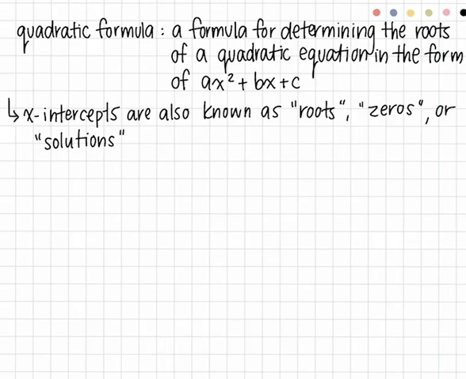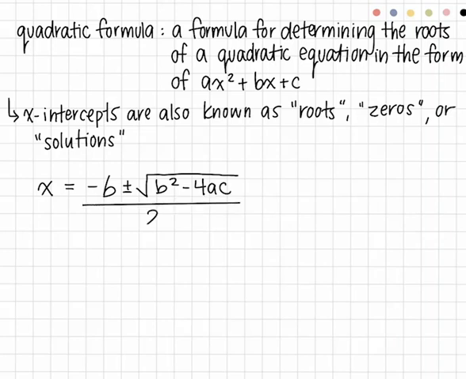Okay, so the quadratic formula looks like this. x equals negative b plus or minus the square root of b squared minus 4ac, divided by 2a.